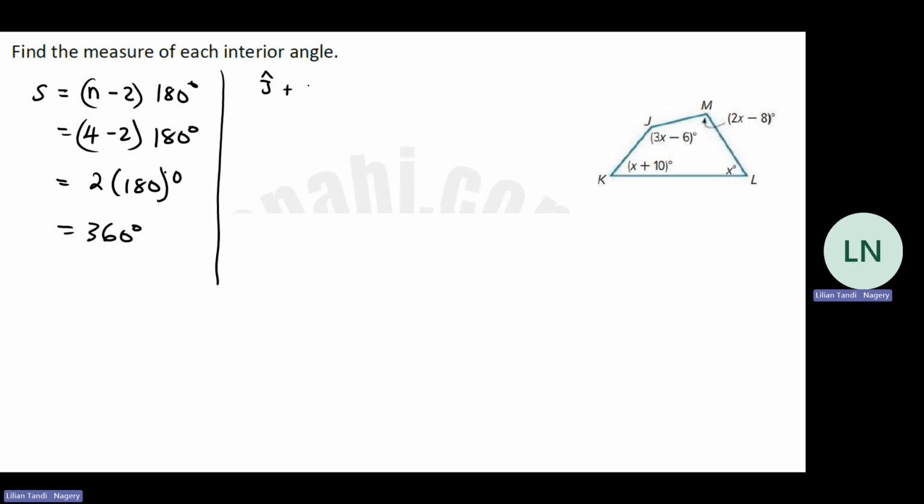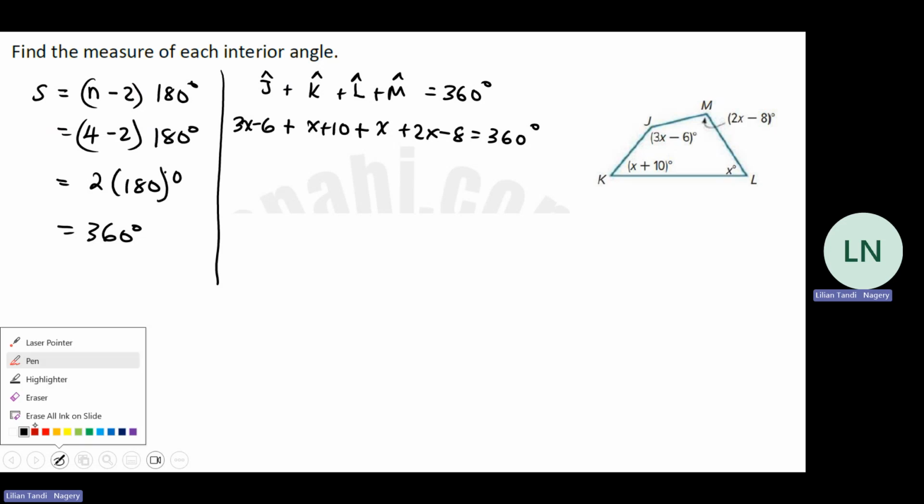Angle J plus angle K plus angle L plus angle M should equal 360 degrees. Angle J, 3x minus 6, plus x plus 10, plus x, plus 2x minus 8 equals 360 degrees.